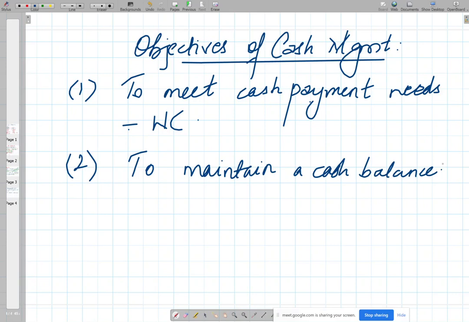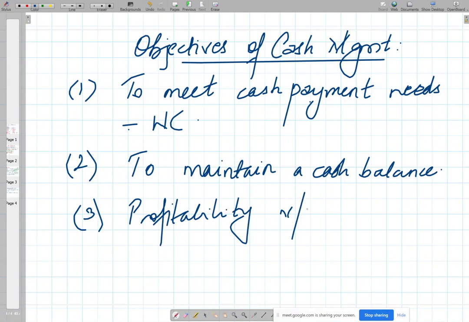besides these, of course, we have already looked at certain other objectives that talk of balancing profitability and liquidity. So the trade-off between liquidity and profitability should always be taken care of. Anything that you do with the cash should keep in consideration these two things and make sure that neither of them is affected as a result of the other.